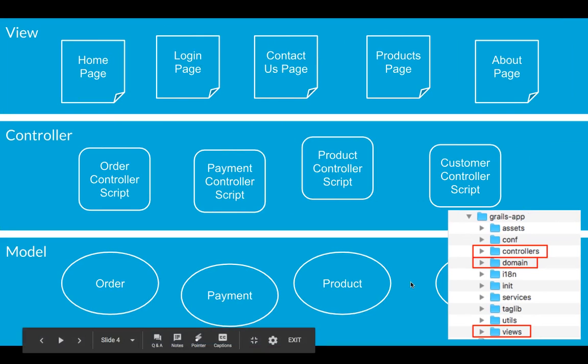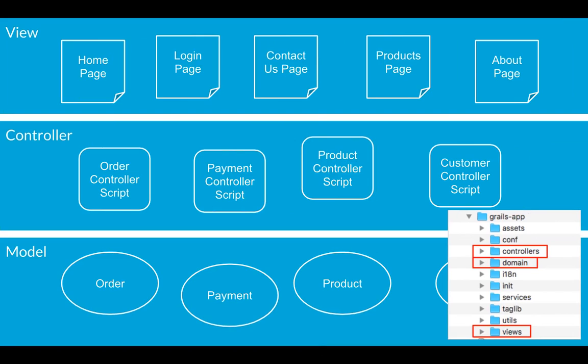The next important concept that Rails introduced me to is a design pattern called Model View Controller. And the Model View Controller, or MVC design pattern, answers the question, how do we structure our web application?